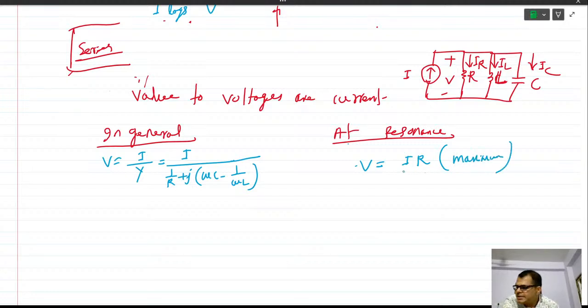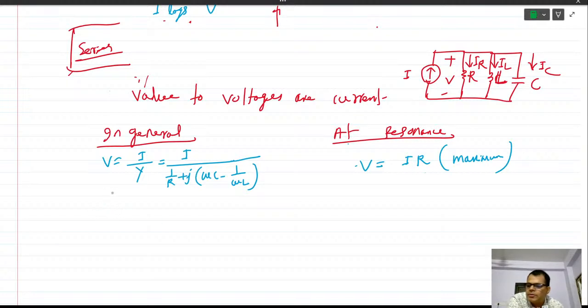Because in that case your Z is maximum, so Z equals R, that is maximum, so V will be the maximum, right? And you see that in the series RLC circuit, I was maximum. This is the duality. Here V will be maximum, there I was maximum.